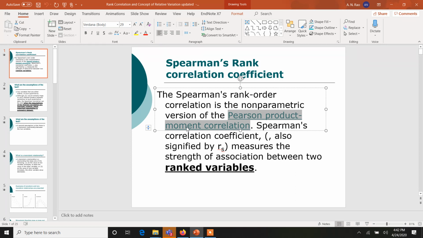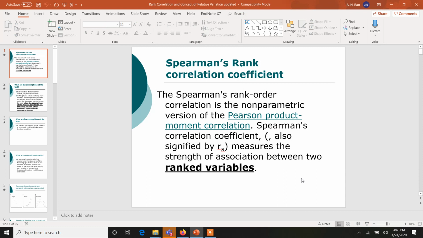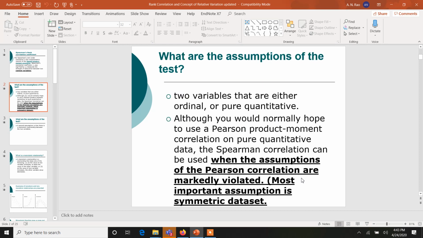But the rank correlation coefficient formula is a little bit different, because you know that when the variables are not purely quantitative, you cannot or you should not calculate arithmetic mean and standard deviation. So then what to do if there are some variables that are in the form of some rankings, right? How to see association between those types of variables. That is what we are going to cover in today's lecture.